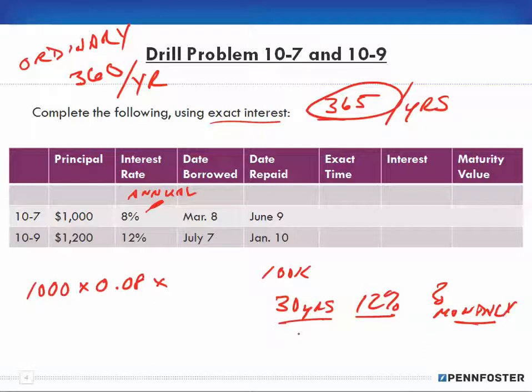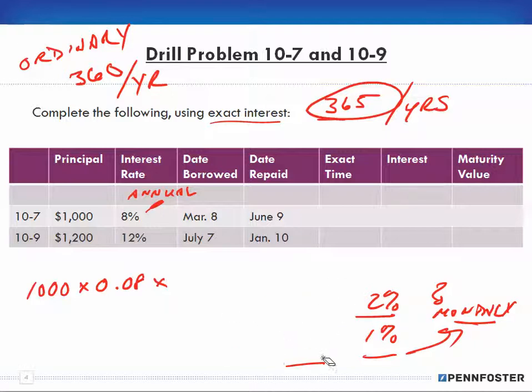What you should do is convert the years into the number of months. So there's 360 months in 30 years, and a monthly interest rate is 1%. So now that I have this in months, and I want to know what my monthly payment is, the time frame is all the same, and it makes doing the problem so much easier.